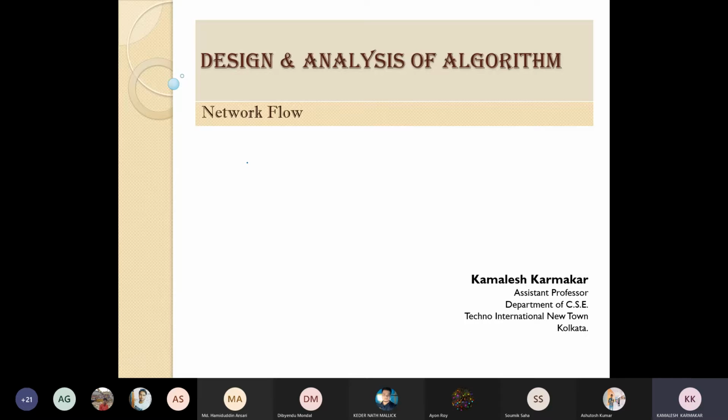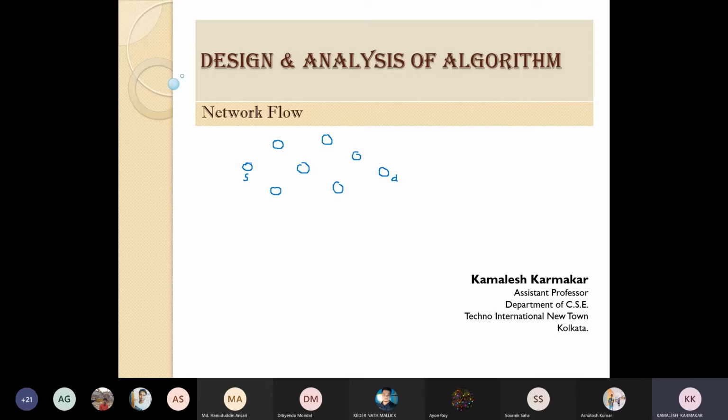If we consider that this is a source station, I am representing it as source. This is our destination station. We have some intermediate nodes also. They are not generating anything, but they are being used for forwarding the data. These are the intermediate stations.